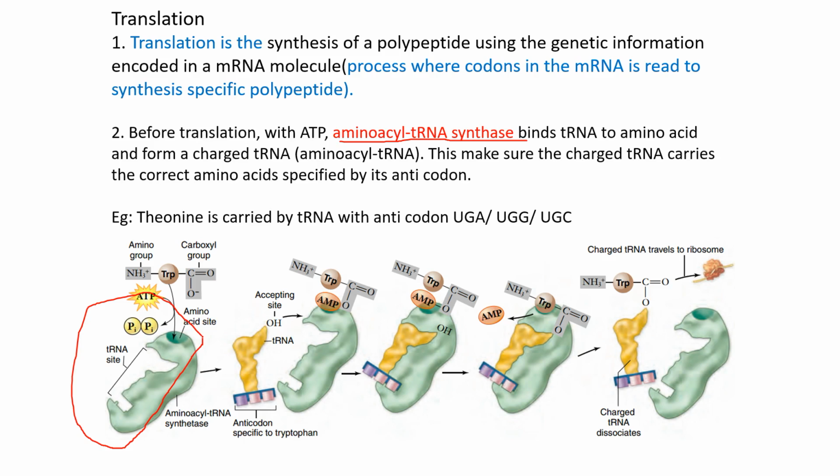Now you know why the A site in the ribosome is known as the A site, or amino acid tRNA site. It is for the amino acid tRNA to bind with.